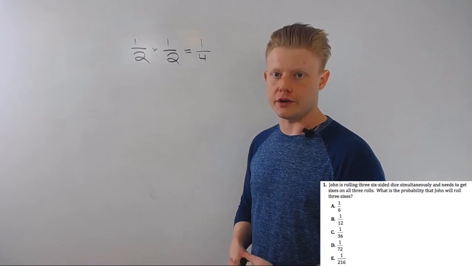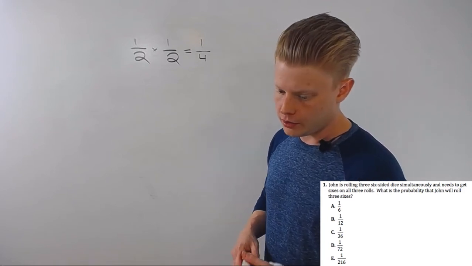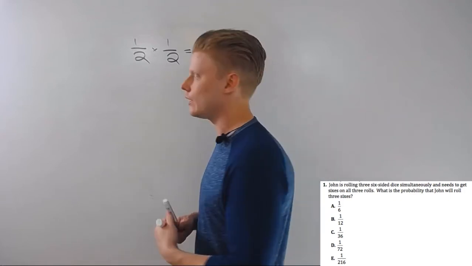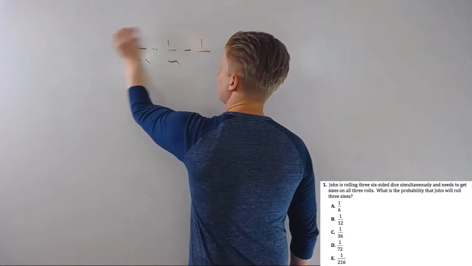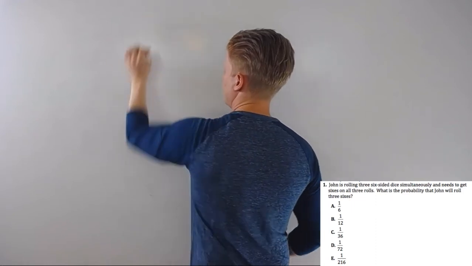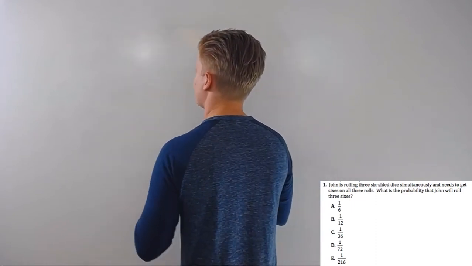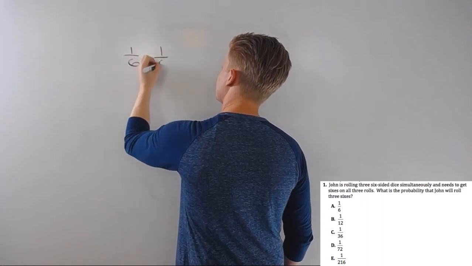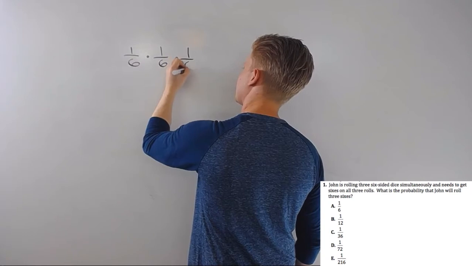Each dice is independent of one another. So he needs 6s. That means he needs a definite outcome on all 3 of these things. So his chance of getting there will be 1/6 times 1/6 times 1/6.